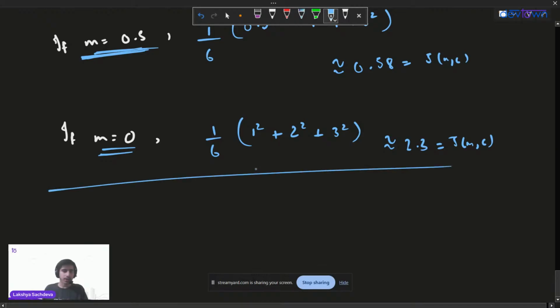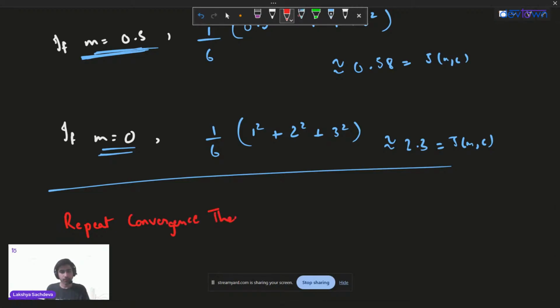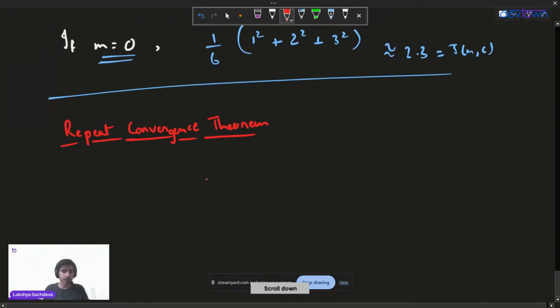Sir, how do we reach the global minima now? We try to reach the global minima with the help of the repeat convergence theorem. Sir, what is this repeat convergence theorem? Let me explain.